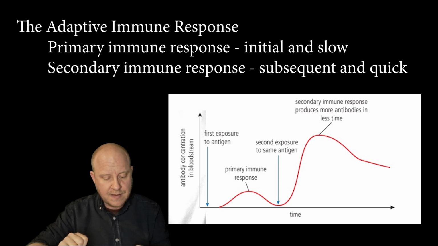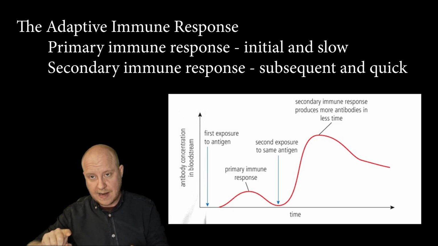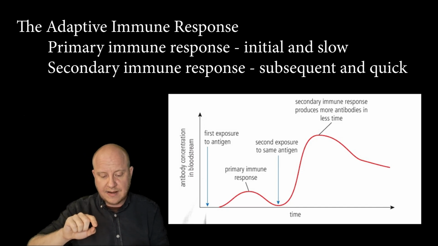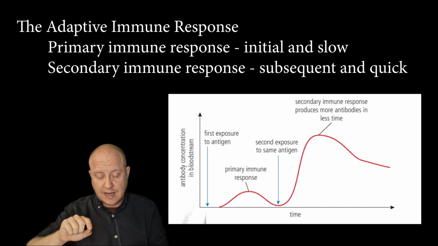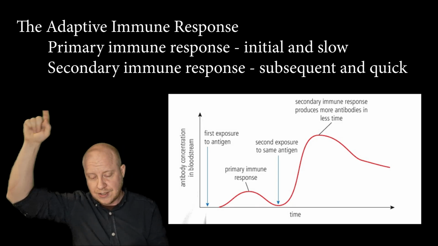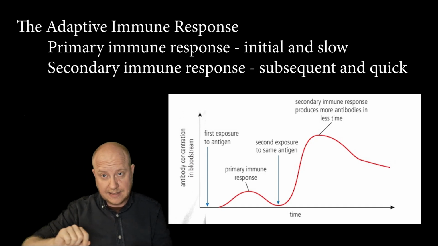And so you have the primary immune response, which you can see, some antibody concentration comes up in the bloodstream and then goes back down. So there's an initial response, but then if you get exposed to that antigen again, that pathogen comes in again, whoosh, your secondary immune response produces way more antibodies in less time.